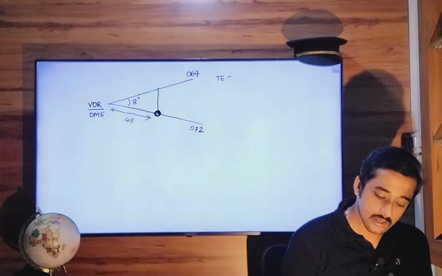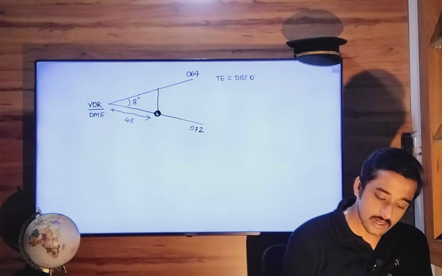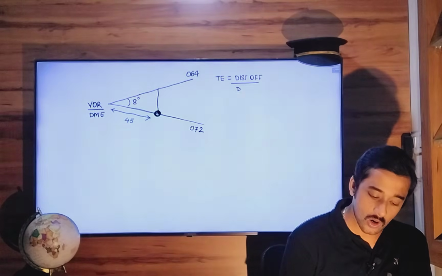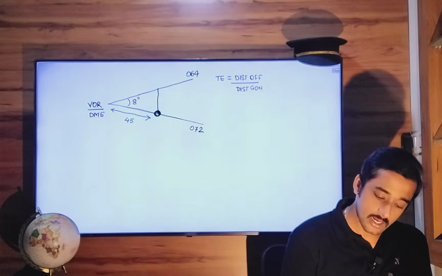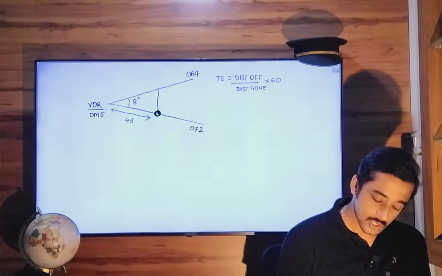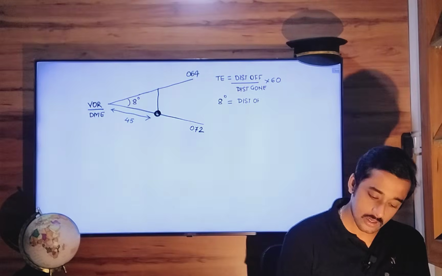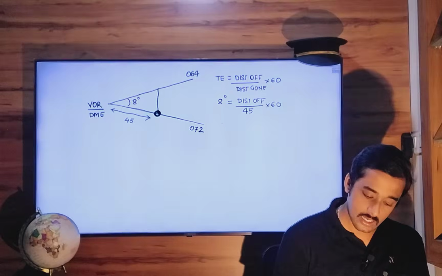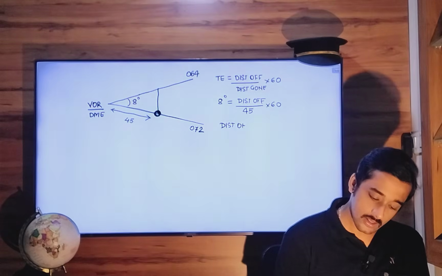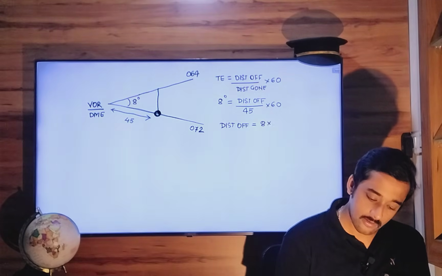Track error, that is distance of track, equals distance gone multiplied by 60. So track error is 8 degrees. Distance of track we have to find out. Distance gone is 45, multiplied by 60. So distance of track is 8 into 45 divided by 60.